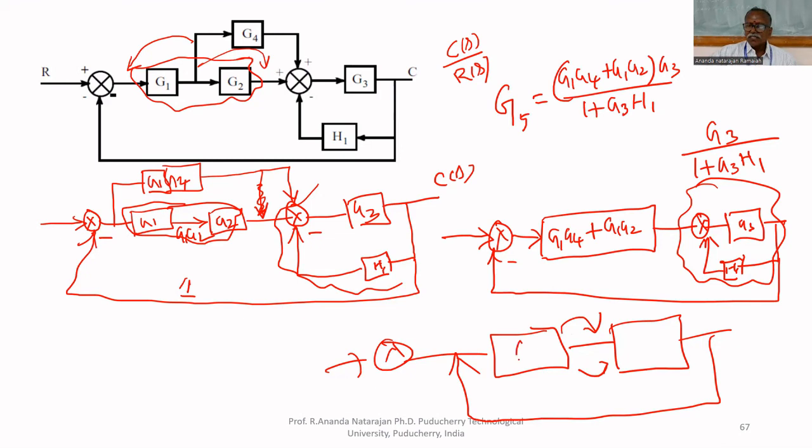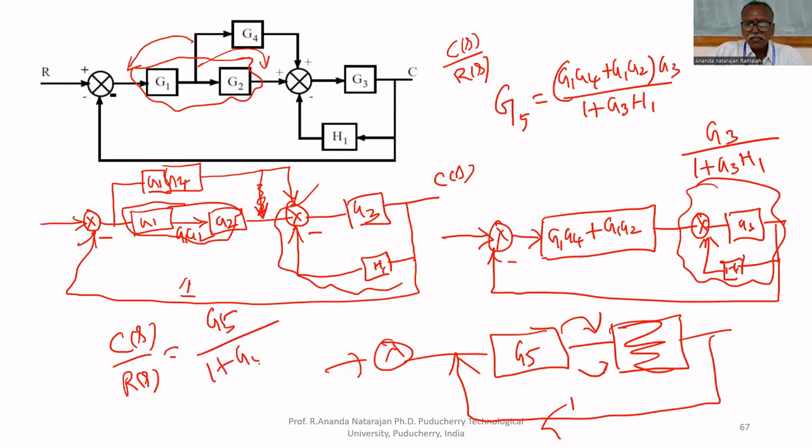This is G5. Feedback is unity feedback. Then what you will get? C of S upon R of S equals G5 upon 1 plus G5 multiplied by 1, because unity feedback. That's all.